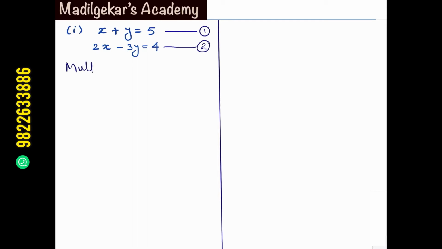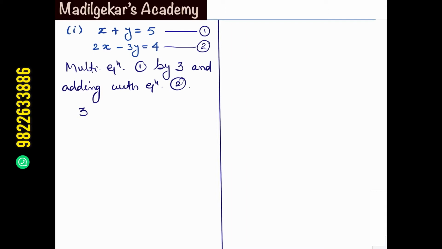So multiplying equation 1 by 3 and adding with equation 2. The first equation becomes 3x plus 3y equals 15. The second equation we write as it is, 2x minus 3y equals 4.